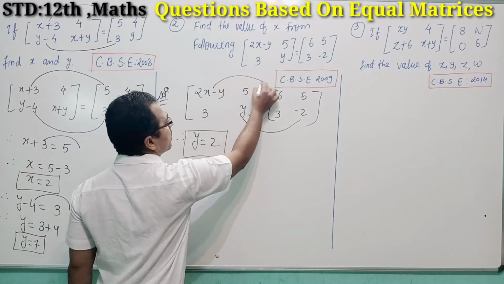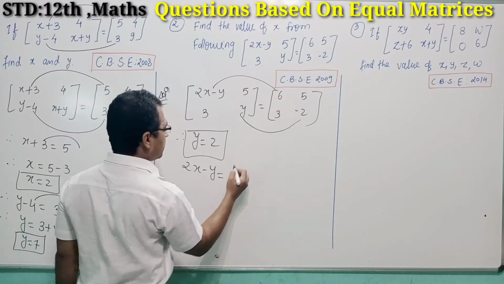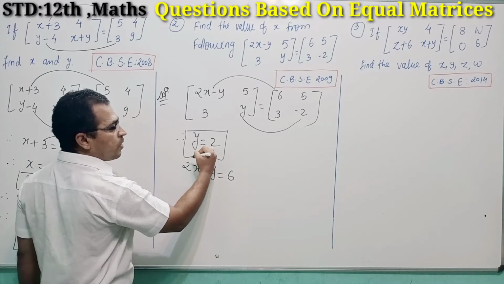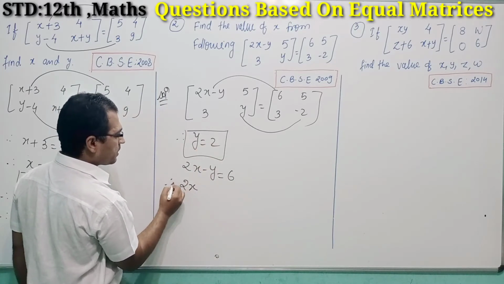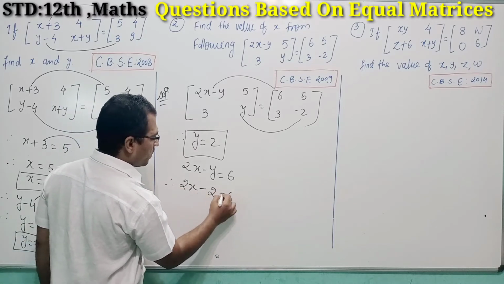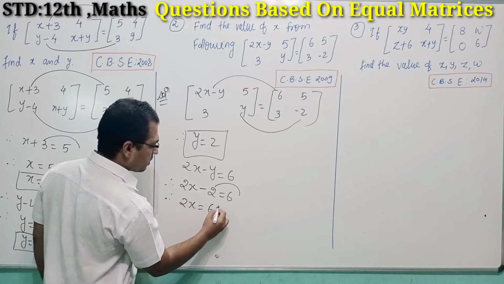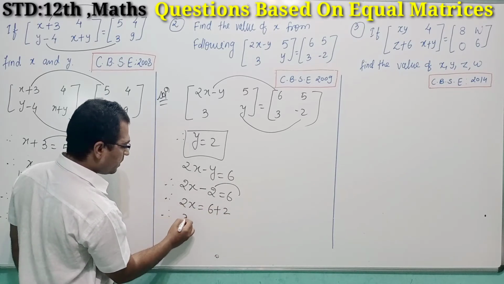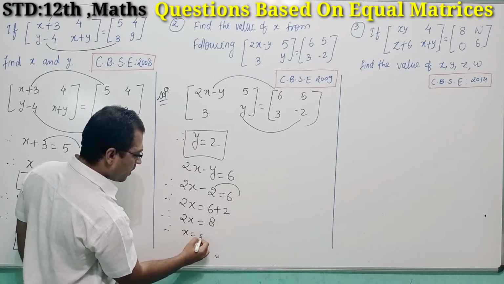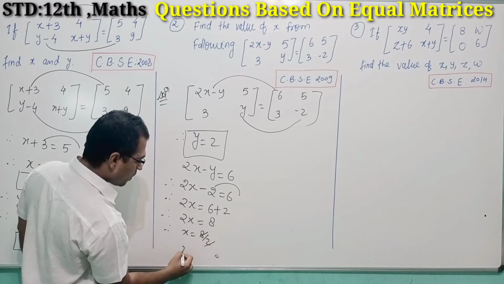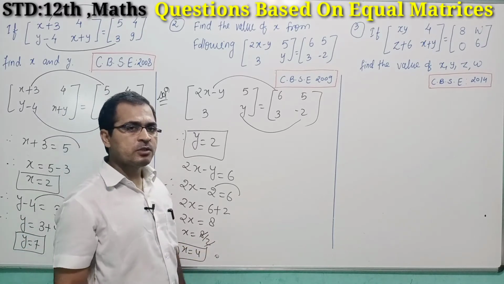Similarly, 2x minus y can be compared with 6. You know the value of y, which is 2. So 2x minus 2 is equal to 6, and 2x is equal to 6 plus 2, so 2x is equal to 8. So x is equal to 8 by 2.